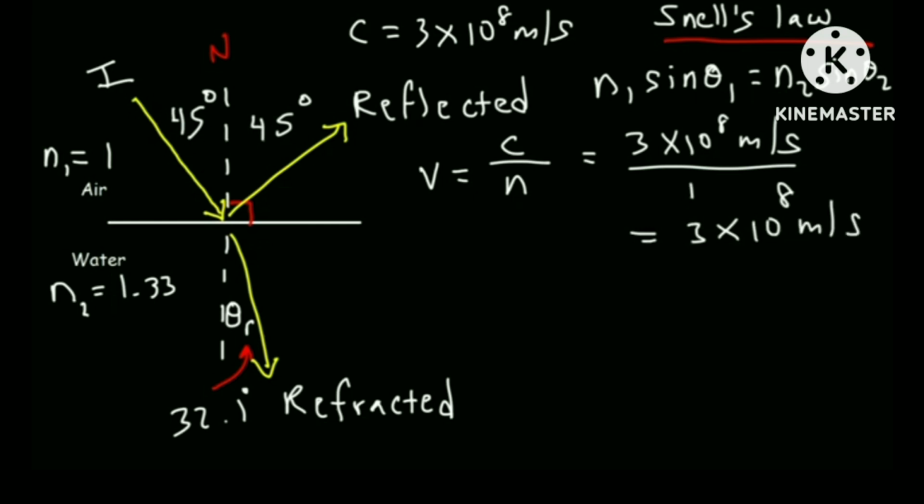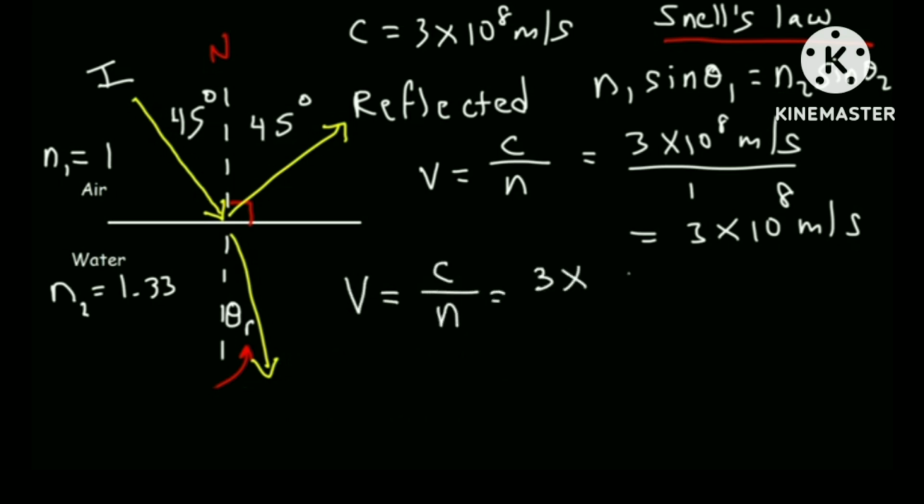Now what about in water? How fast does light travel in water? Well, we can calculate that using the same formula. So it's going to be v is equal to c over n. So c is not going to change. That's going to be 3 times 10 to the 8 meters per second.